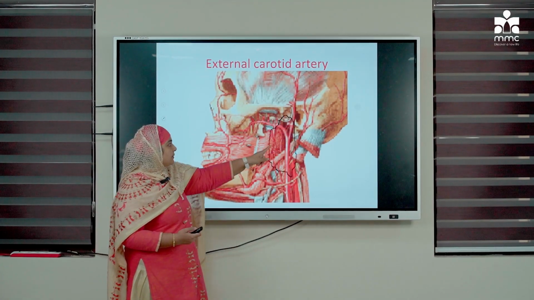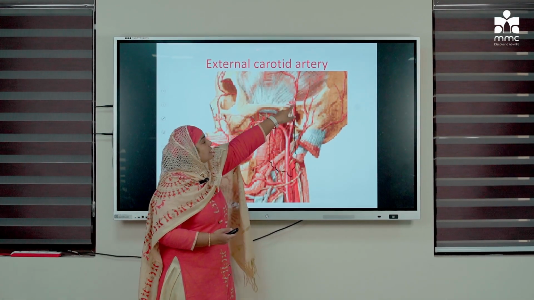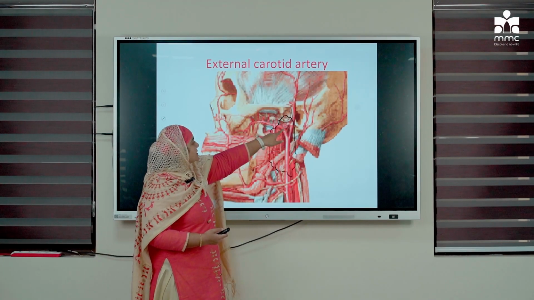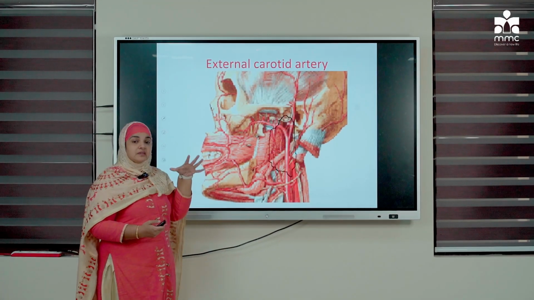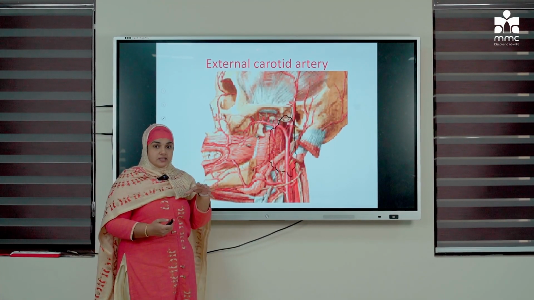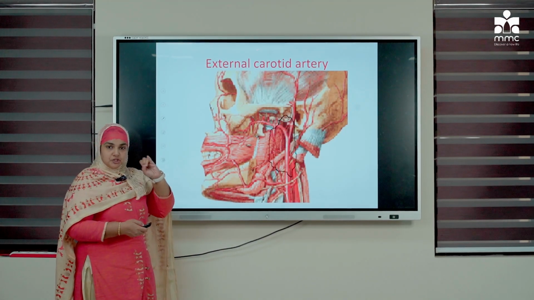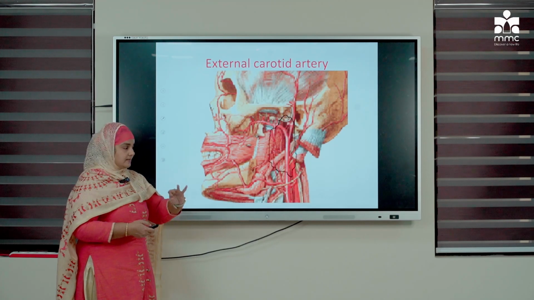So superficial temporal artery, how does it emerge? It emerges out of the gland through the base of the gland upward towards the temporal region, whereas the maxillary artery turns medially and goes inside. So these are the three contents or the deep relations of the parotid gland. We have the facial nerve, retromandibular vein, and the external carotid artery.